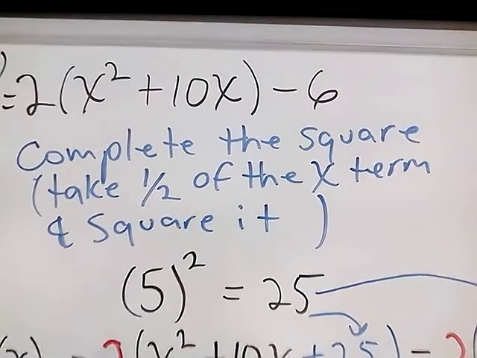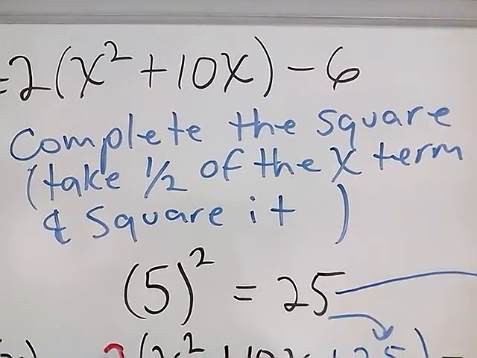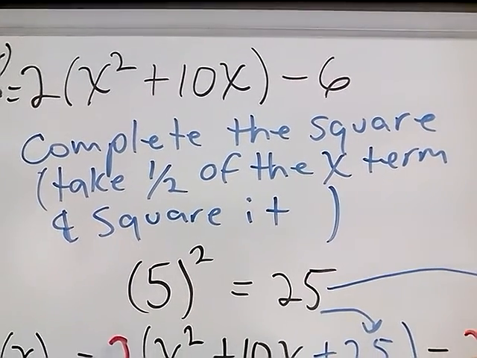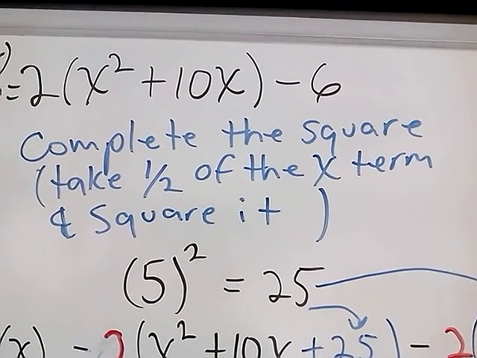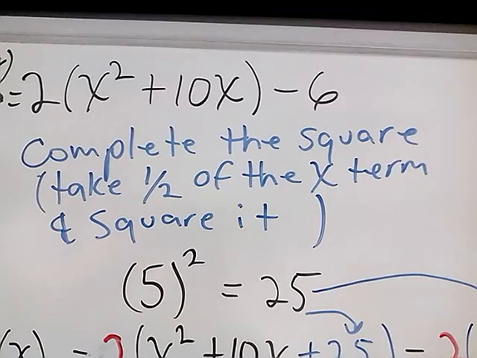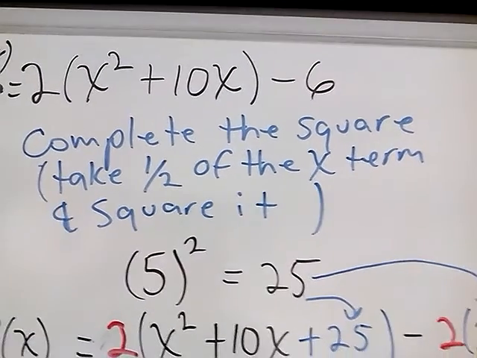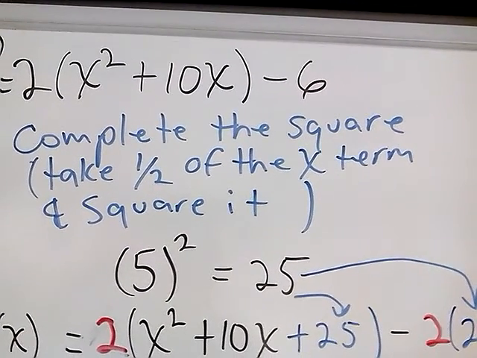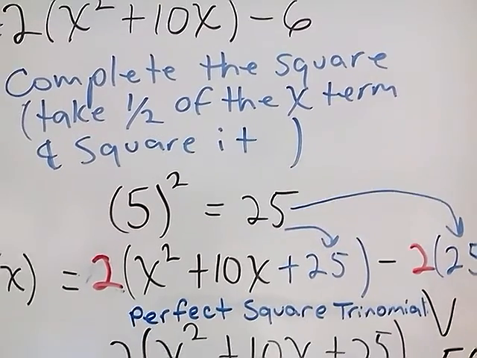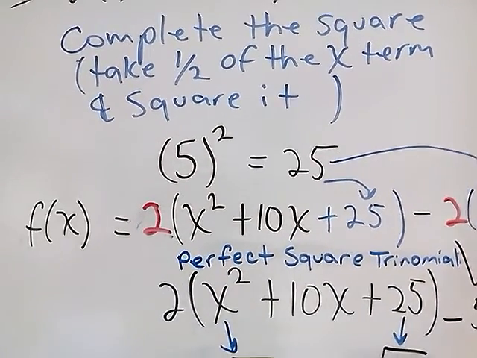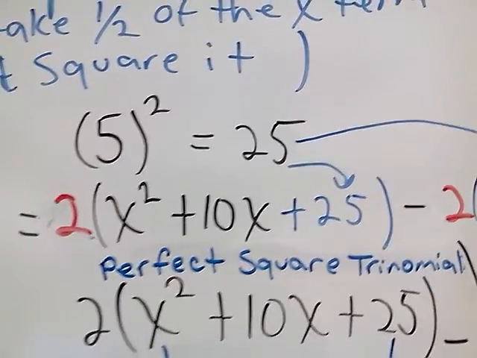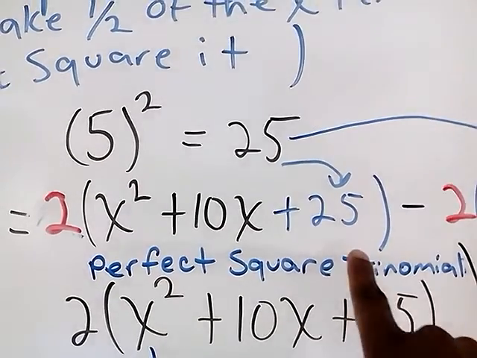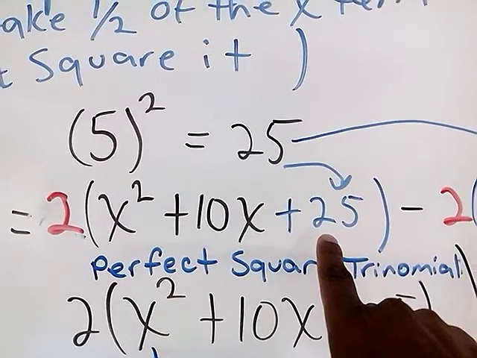The next thing that we want to do is complete the square by taking 1/2 of the x term and squaring it. The x term has a 10 coefficient. We take 1/2 of that, which is 5, and square it. We get 25. Then we add that on the inside of our parentheses, as we can see here.